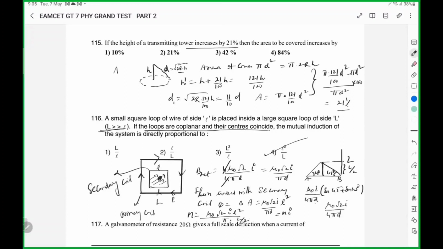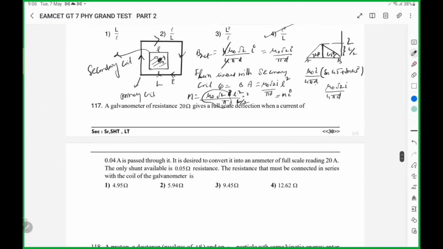So it is mu naught root 2 l square by pi L by 2. These are all constants, so 2 root 2 mu naught l square by pi capital L. So M is proportional to l square by capital L.